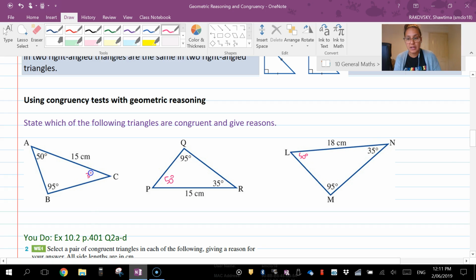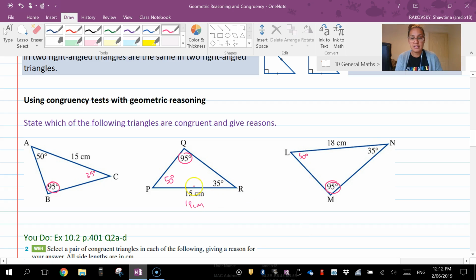Now we need to make sure that the corresponding sides are the same. Over here we've got 95, so this corner matches up with these angles. Now if I flip my shape over, it's going to be 95, yes, 50, yes, 35, but the length is 18 centimeters. So this one isn't congruent to this one.